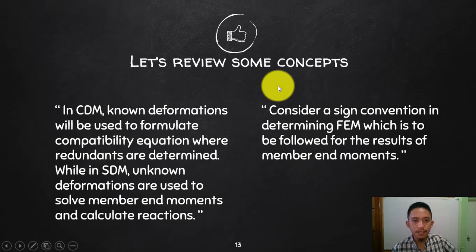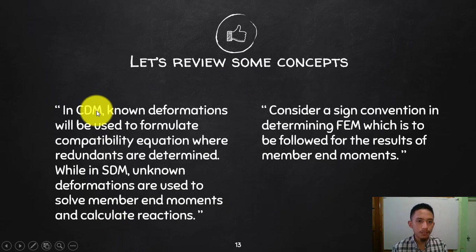So before we end this unit, I want to review your important concepts. This is comparing CDM and SDM, the concept behind CDM and SDM.